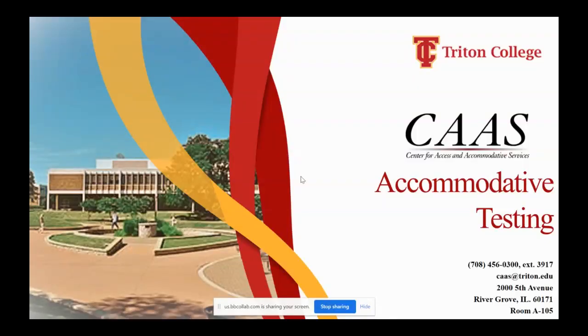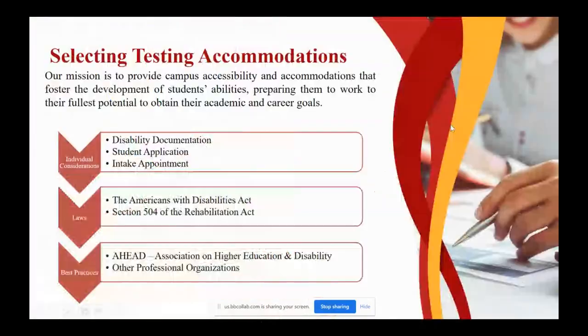All right. I can start. So all students who are able to take their test with accommodations come through the CAAS office. So they have to apply through us first. The way that we determine whether or not a student requires accommodations and what those accommodations might be, we go through this process.